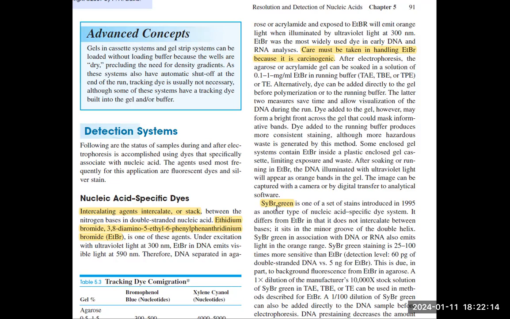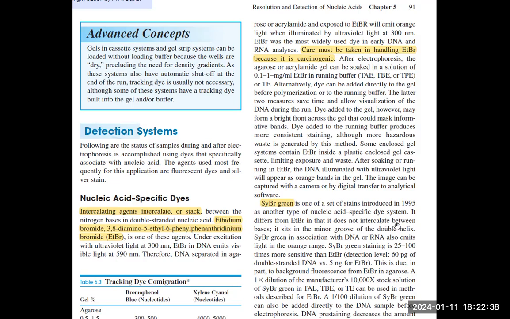And then we also have cyber green. Though cyber green is also a nucleic acid specific dye, it has a different principle when it comes to how it attaches itself to the DNA, not similar to how ethidium bromide intercalates or inserts.